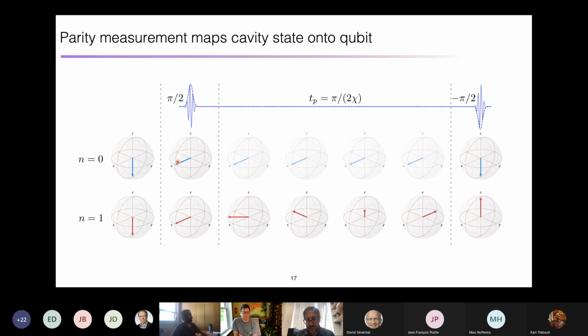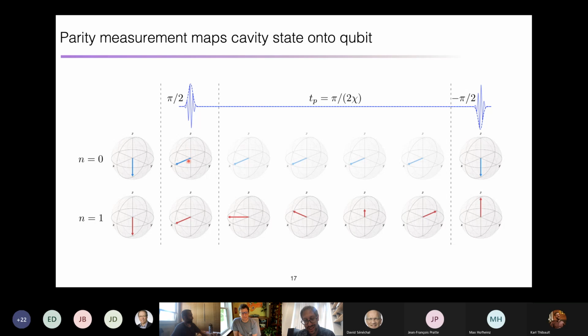So if we arrange this pi/2 pulse to be exactly at the n = 0 state, then nothing will happen, basically. Actually, it's not quite right. We want this pi/2 pulse to hit all states, so we want a very broad pulse.